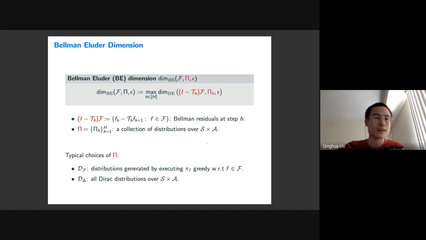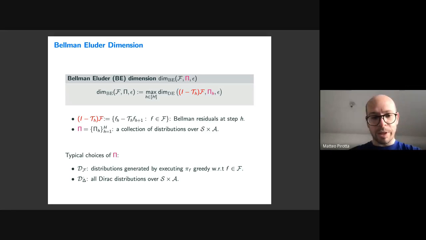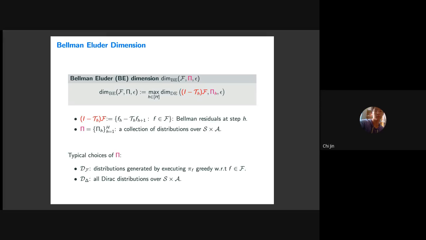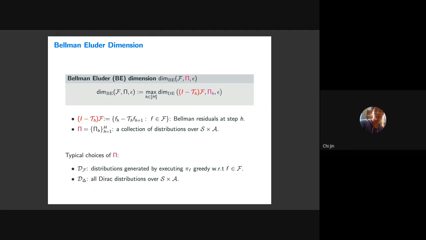So are you asking about the connection between these two choices? Yeah, since you mentioned two examples, I was wondering if there is some connection, why you consider these two distributions, for the online and the generative model setting. I think Matthew is asking why we want just these two distributions instead of others.